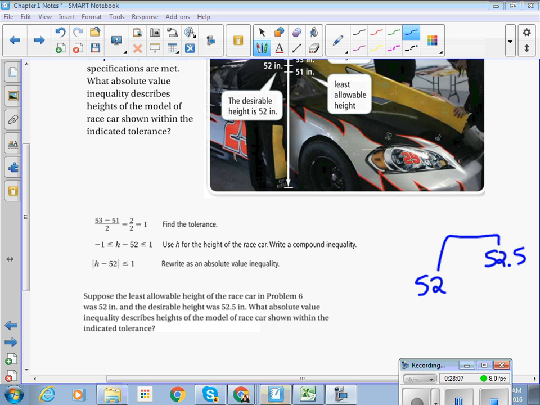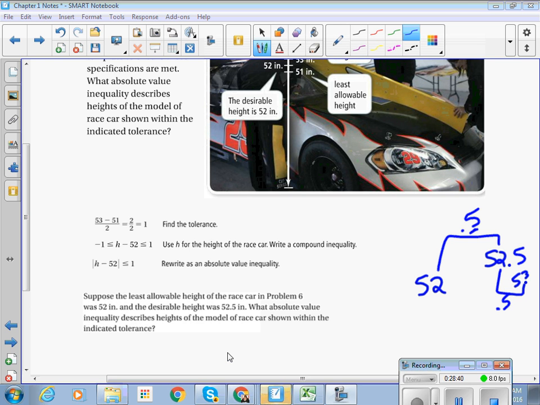So what is the difference? This is our desirable height and our least allowable. What's the difference here? So what is going to be our most allowable height? So what's the distance between 52 and 52.5? If I add that 0.5 to my desirable amount, I would get 53.